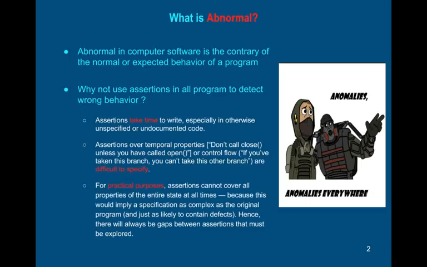And for practical purposes, assertions cannot cover all properties of the entire state of all times, because this would imply a specification as complex as the original program, and just as likely to contain defects. So there will always be gaps between assertions that must be explored.